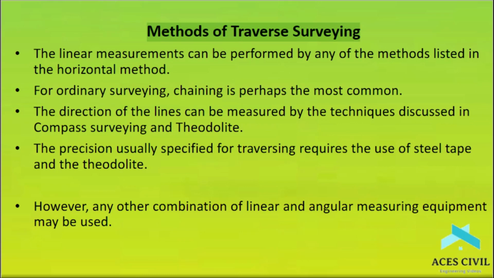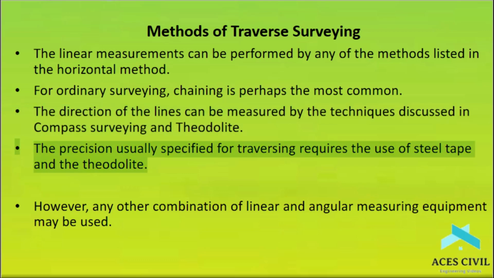Methods of traverse surveying: the linear measurements can be performed by any of the methods listed in the horizontal measurement methods. For ordinary surveying, chaining is perhaps the most common. The direction of the lines can be measured by the techniques discussed in compass surveying and theodolite surveying.